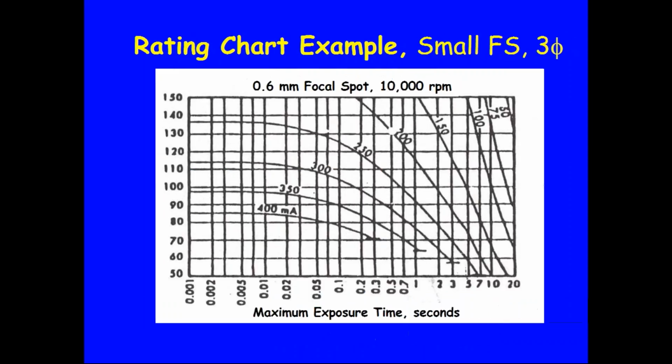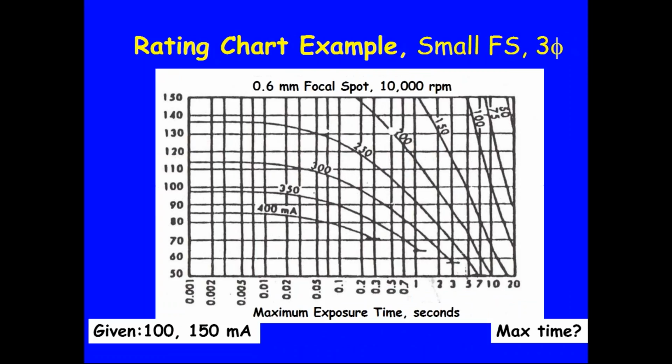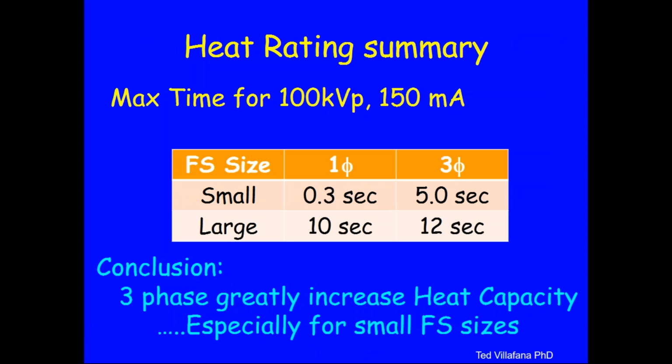Well, our time is up. I'll very quickly do this last one, small focal spots, but for three phase, just to prove a point, same parameters, 100 kV, 150 MA. Look at that. 5 seconds. Remember we said that three phase allows for much greater heat capacity? This tube can take 5 seconds with three phase.